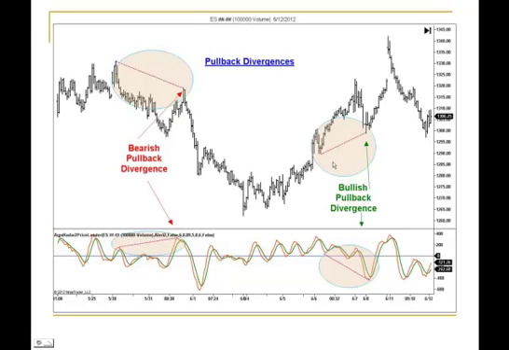I personally prefer to trade the S&P futures contract for a lot of reasons, and I prefer volume charts for my intraday charts, and they provide excellent pullback divergence signals like this bullish pullback divergence signal right here. See, we have higher lows in the price while we're making lower lows in the Radar 2 price leader oscillator.